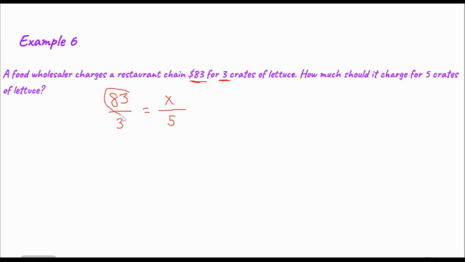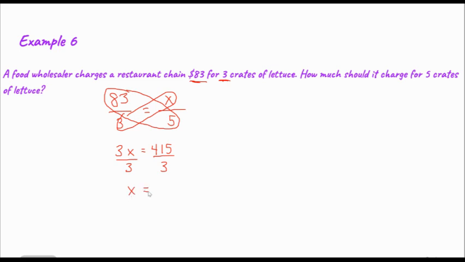We'll go ahead and cross multiply. 83 times 5, I believe that should be 252. No, 415. I was doing the wrong math problem. And then we got 3x. So we got 3x equals 415. And then we divide by 3. Now, since this is a money problem, if we get a decimal, we're always rounding to 2 decimal places.